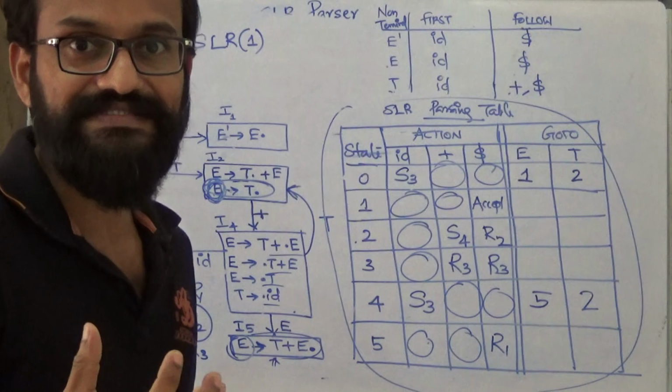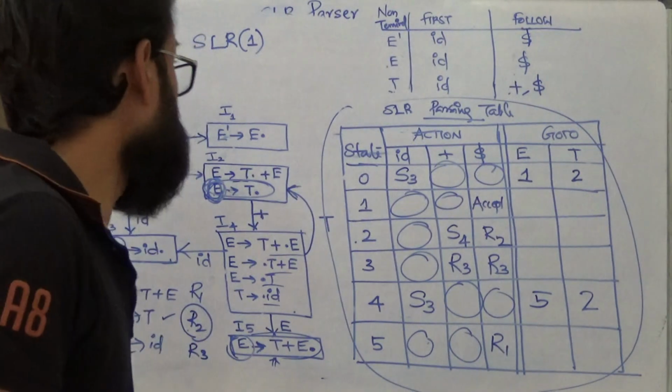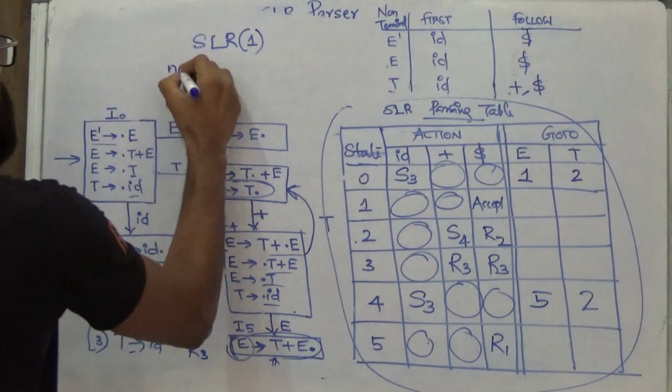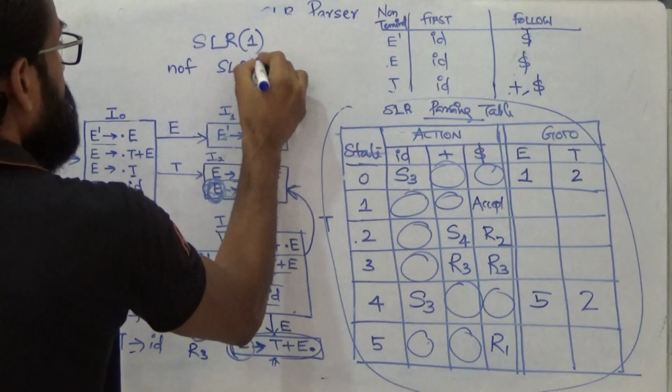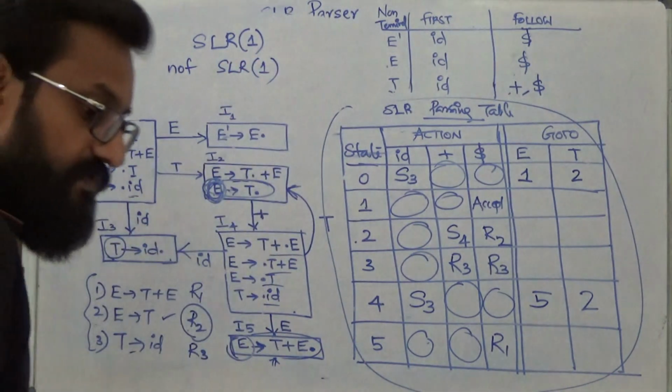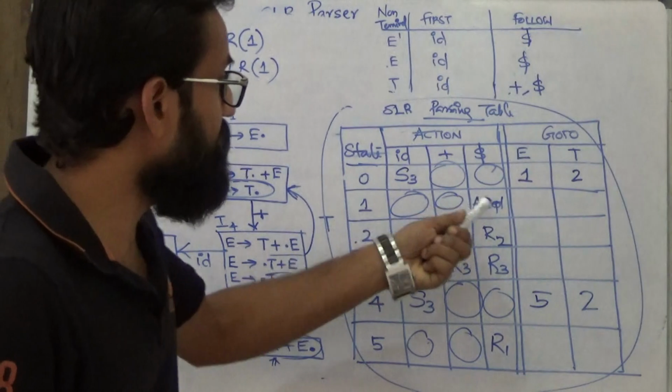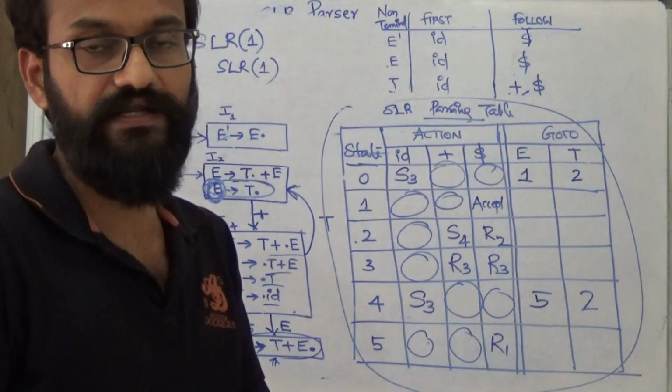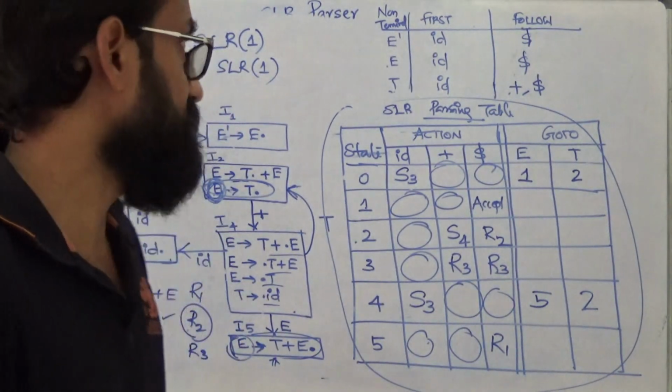So if a grammar is ambiguous, then the grammar is not SLR1. So if the grammar is ambiguous, while building the SLR parsing table, you will end up with multiple entries, or it will end up with conflict.